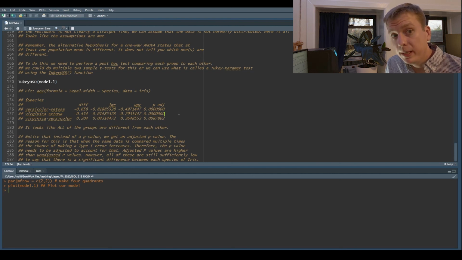There are many ways to adjust a p-value, but just know for this particular test, the adjustment is made based on the fact that we are making one analysis, and that's the ANOVA, and then we've made 3 more analyses, which are the individual comparisons between groups.